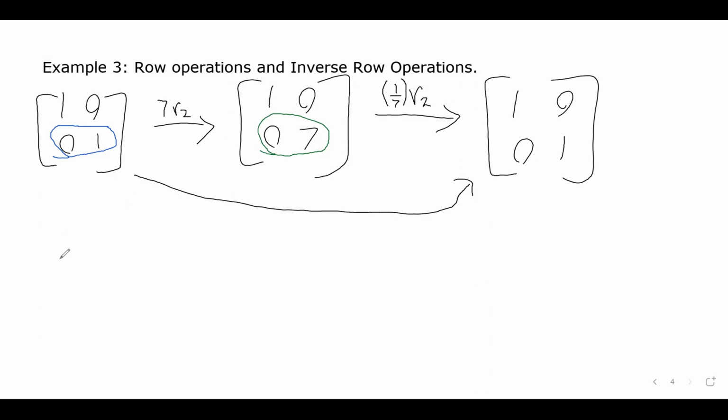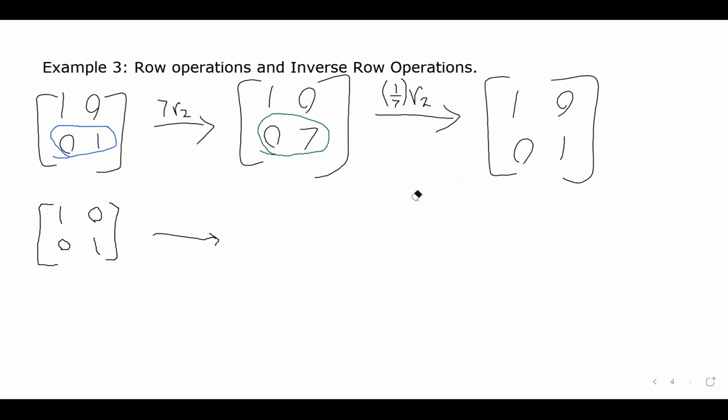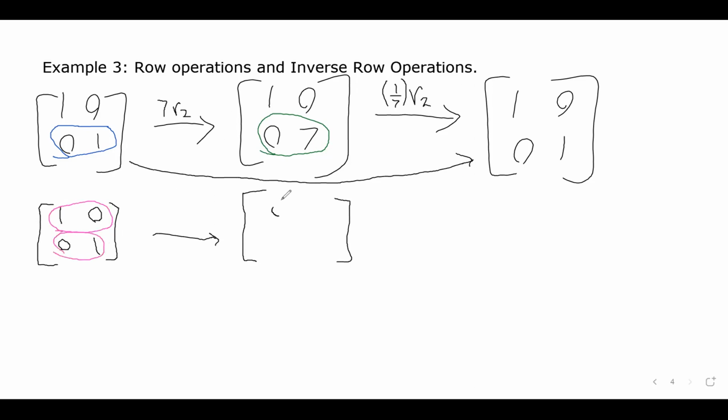Okay, so if you also start with a 2x2 identity matrix 1, 0, 0, 1, now here we can switch the first and second rows. If you take this row and you switch it, then you get 0, 1, 1, 0.